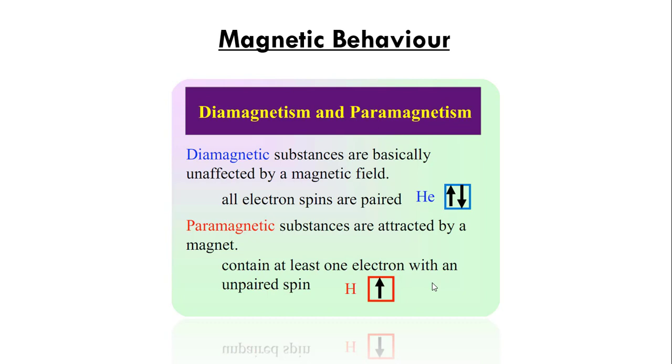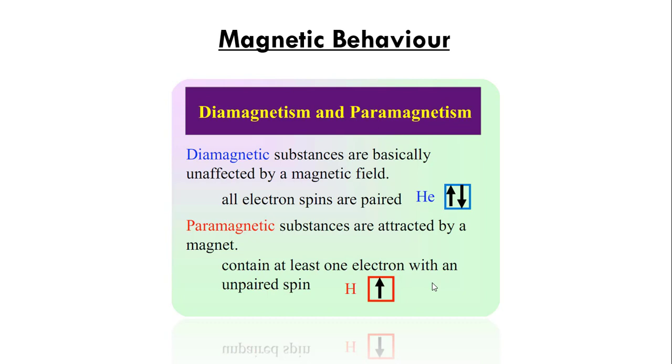And the next very important part of this molecular orbital theory explains the magnetic behavior of the molecules also. Here we have two types of magnetic behavior, diamagnetism and paramagnetism. What are diamagnetic substances?